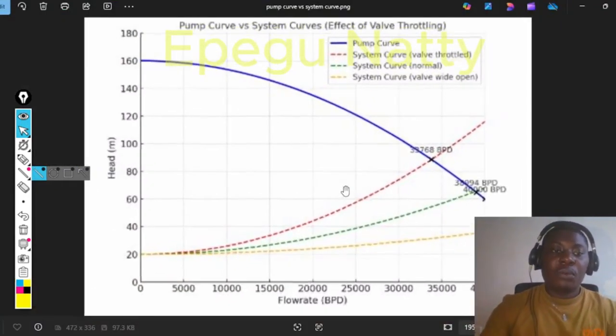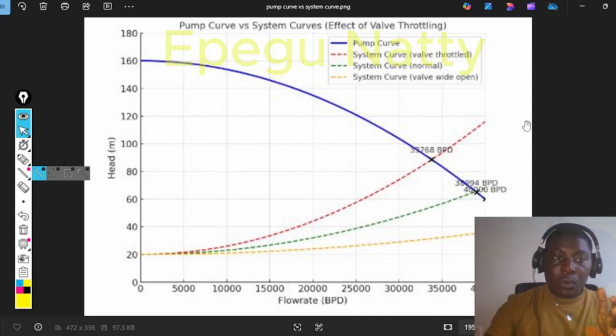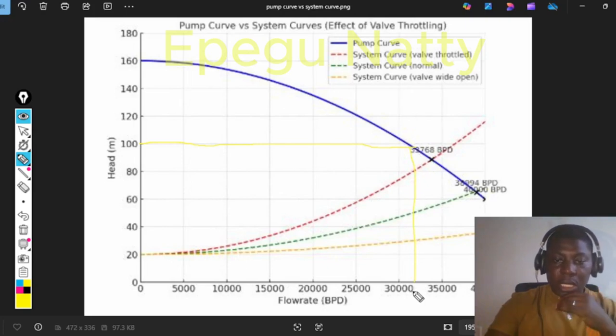Now this pump curve is telling us that at this particular head we are going to have this particular flow rate. So take for example this pump curve. You see we have 100 meters as a head here, and if you trace it down to where it meets the head, you're having about, let's say, 32,500 barrels per day.